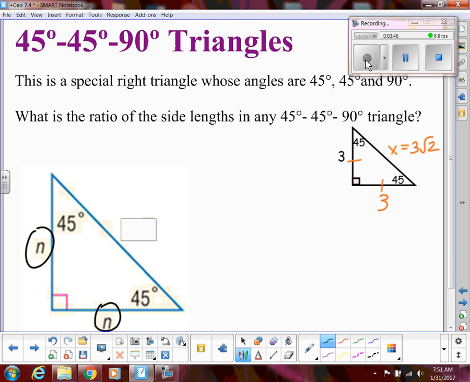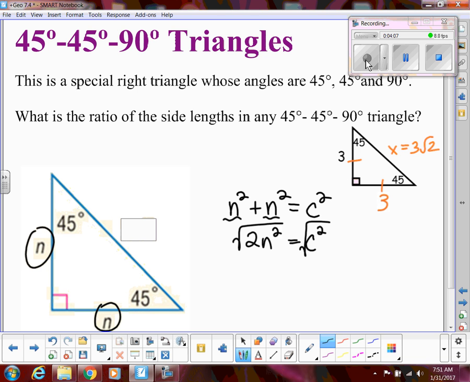So if I'm trying to find the hypotenuse, then I would do n squared plus n squared equals c squared. And just like before, we would combine our like terms and get 2n squared equals c squared. And then if I was trying to solve for c, I would take the square root.